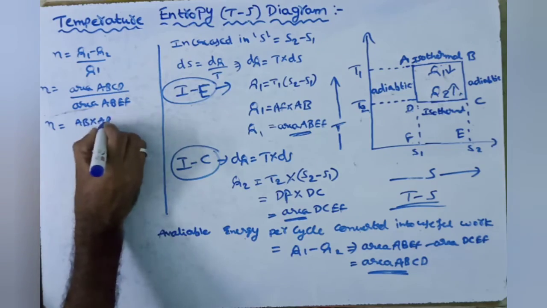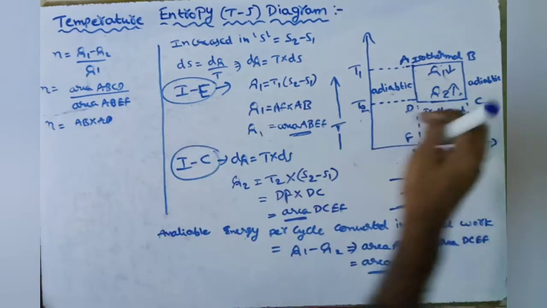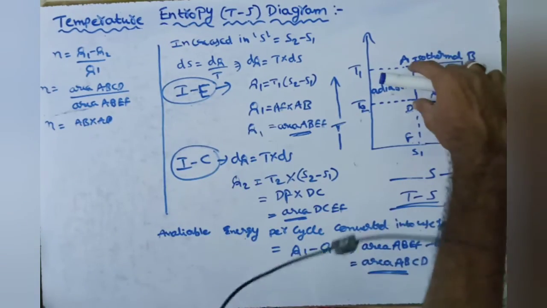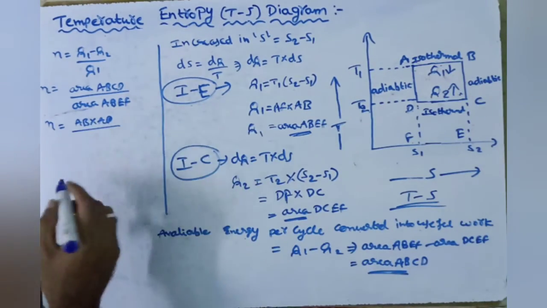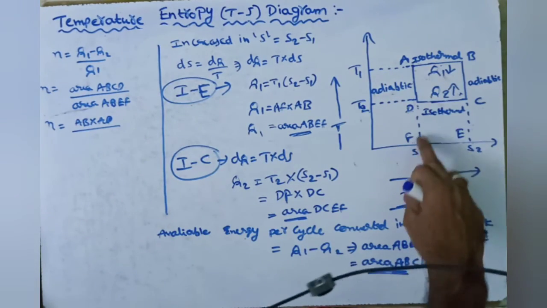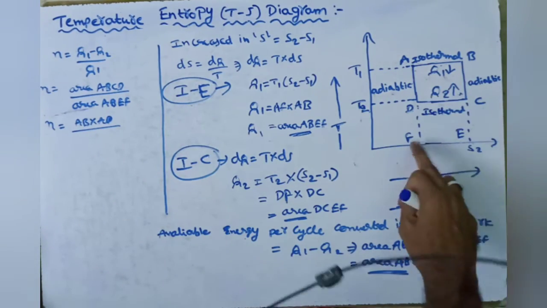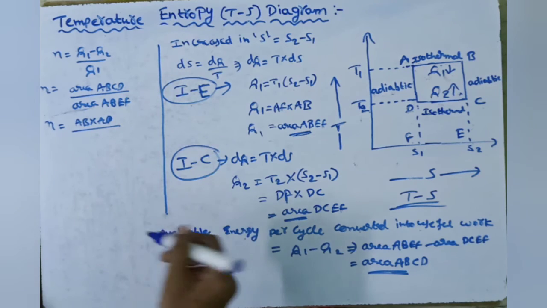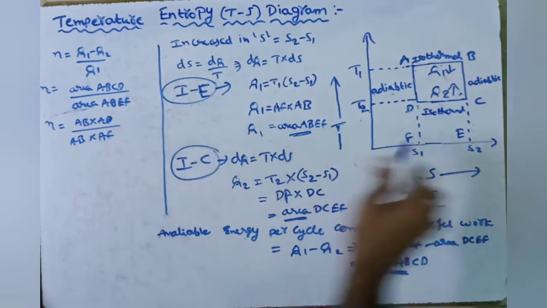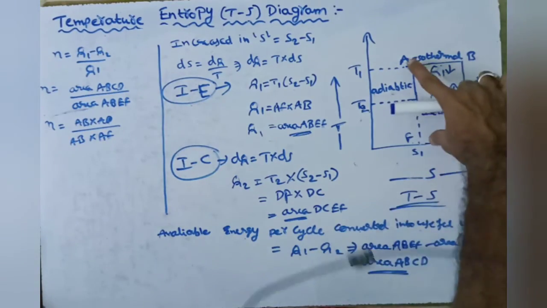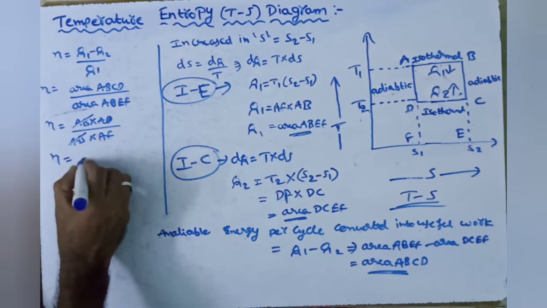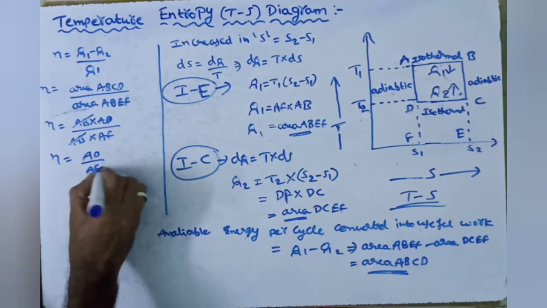The area ABCD is a rectangle, so we write it as length into breadth, AB into AD. In the same way, the rectangle ABEF can be written as length into breadth, AB into AF. Cancelling AB, efficiency is equal to AD by AF.